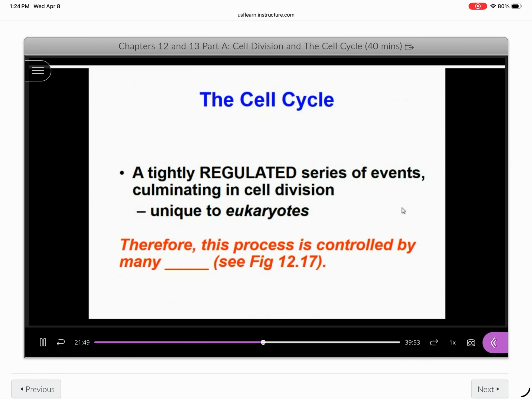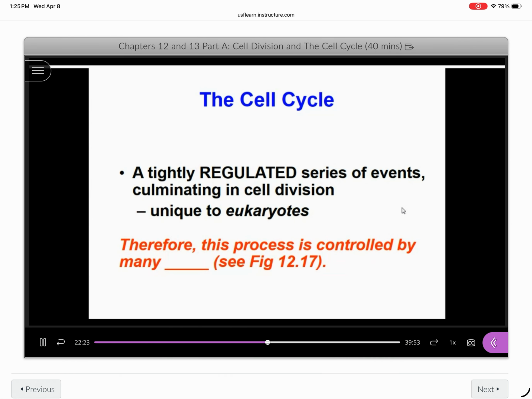Now, knowing that definition, we may conclude that this process is controlled by many what? I'm just going for enzymes. You realize, I think, at this point that the chemistry of the cell is accomplished by enzymes. Therefore, enzymes must be involved, right?